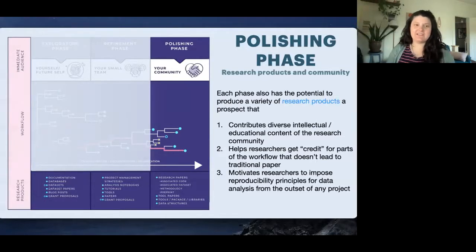These are all things that are valuable for you, your team, and the community, and that can get you credit for working reproducibly. This helps get that credit part, that incentive that is kind of lost when people are trying to do this within academia. And it further motivates researchers to impose reproducible principles throughout the entire data analysis from the onset of the project.